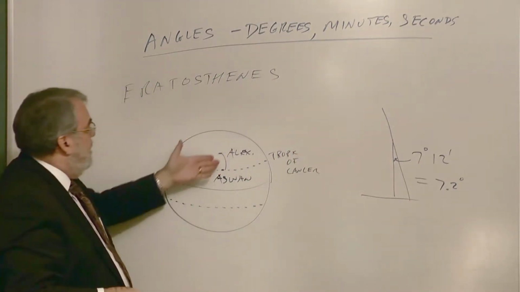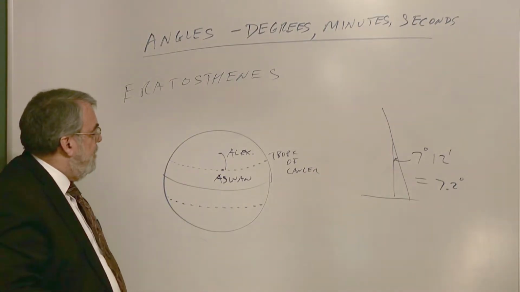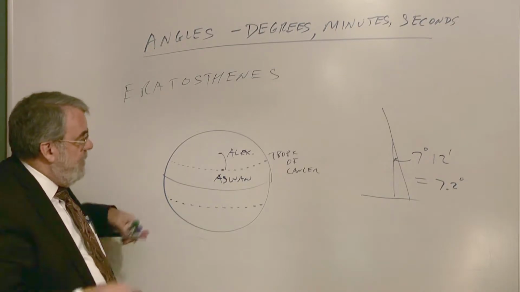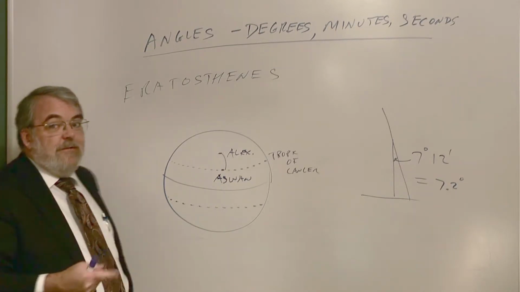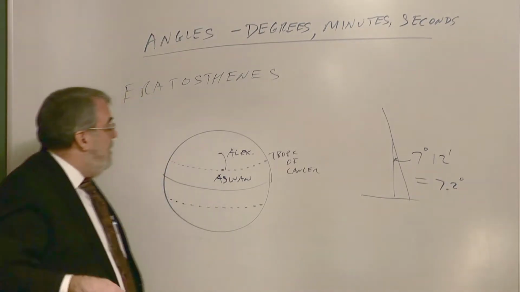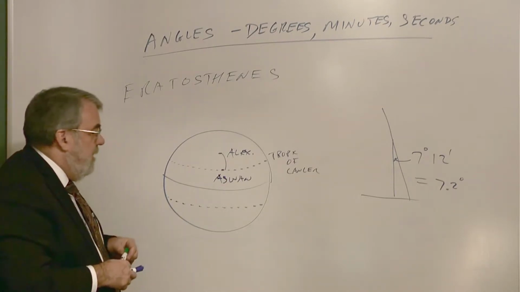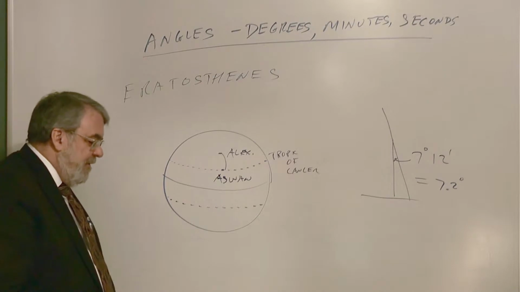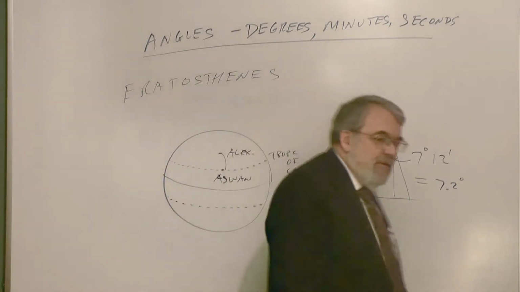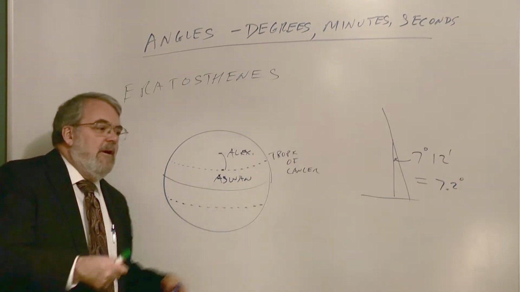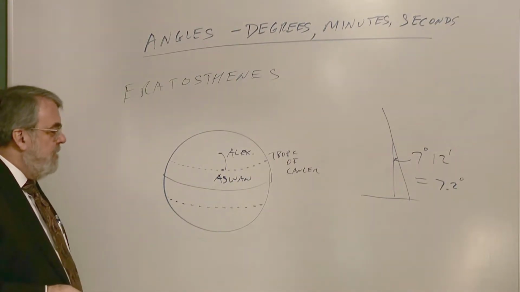So you say, well, look, we're 7 degrees 12 minutes north of Aswan. If we knew the distance between Alexandria and Aswan, we could figure out the full circumference of the Earth. What a brilliant idea. So he hired some pacers. I don't know what they were called in his day, but they were guys who were paid to walk from here to there and measure their steps, and they had a regular pace.